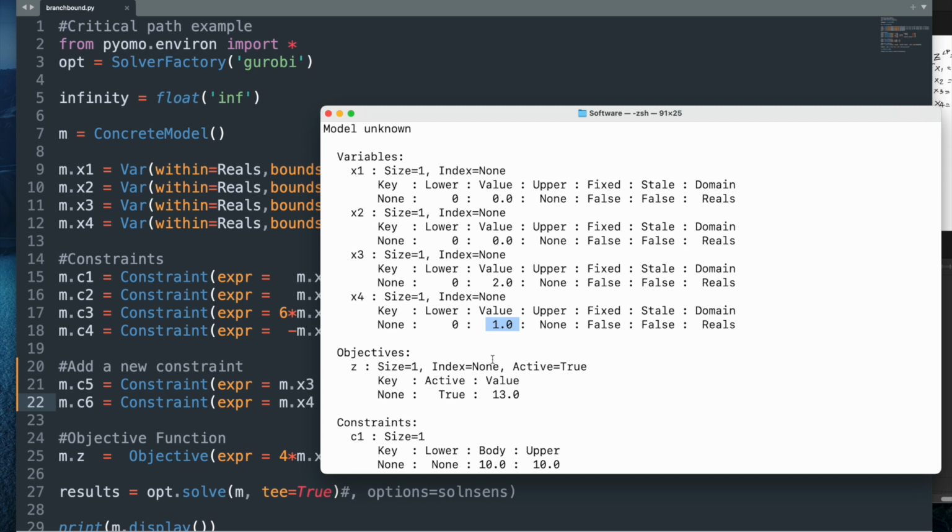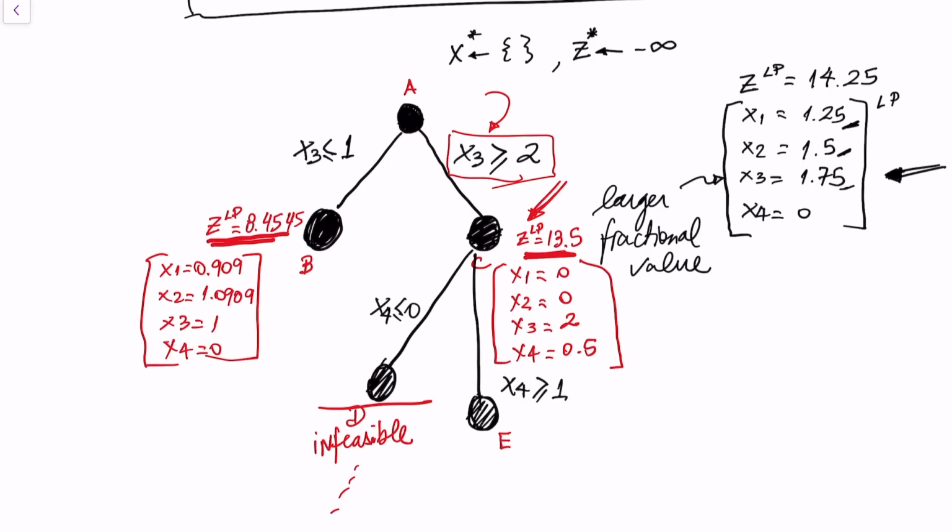So now we're able to find that all the decision variables have integer values. So x1 0, x2 0, x3 2, and x4 equal to 1. So as you could see, now for node E, we are able to find a solution for the LP relaxation that gave us an objective function value of 13, with x1 up to x4 all integer valued, right?